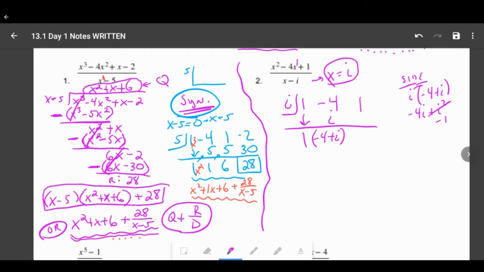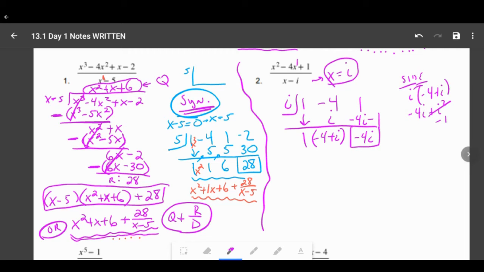So if I write this back on the line, I have -4i minus 1. It's not too tricky. You just have to keep everything lined up and organized. If I add straight down, the ones cancel, and I'm left with just -4i, and that weird looking number is my remainder.